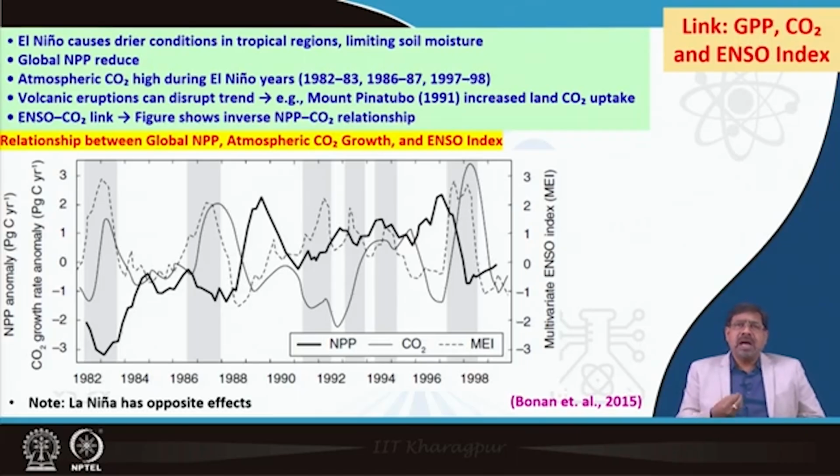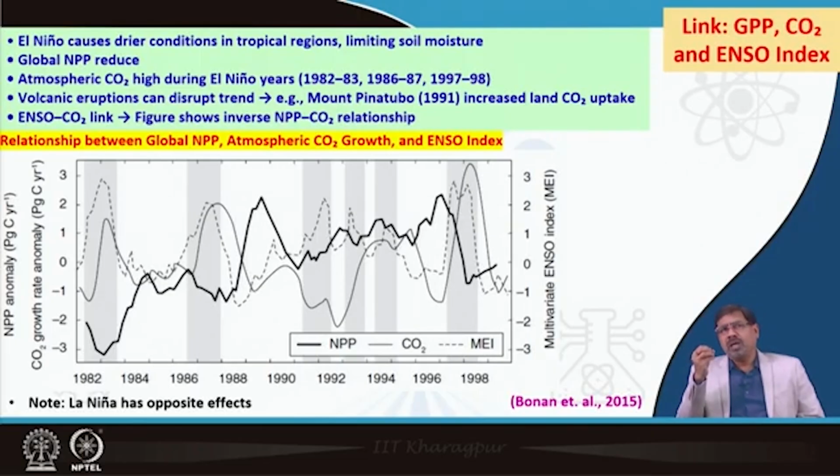The third point, atmospheric carbon dioxide is high during the El Nino years. So during 1982-83, 86-87, 97-98, it has been found that the atmospheric carbon dioxide is high. Why? Because photosynthesis is less. Photosynthesis is nothing but the carbon dioxide withdrawal process from the atmosphere.